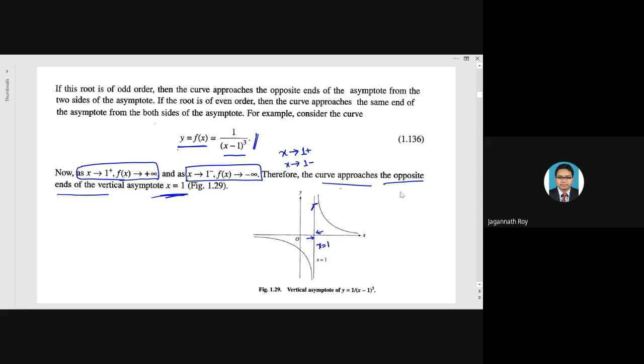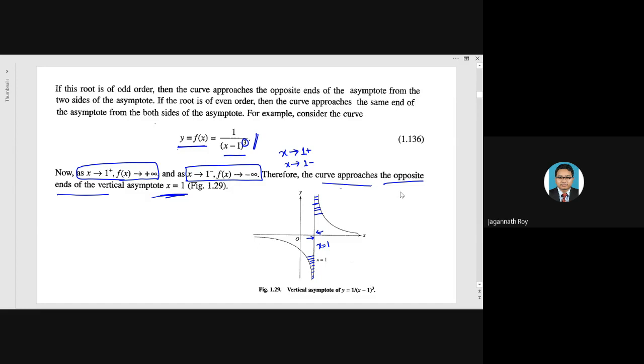They will approach each other, but they will never intersect. What we can see is, because we have an odd power, it will go in the opposite direction.